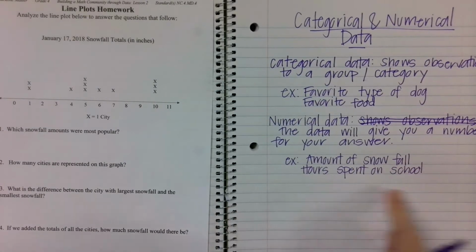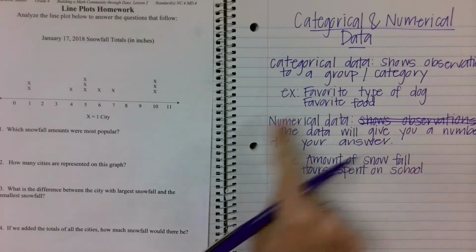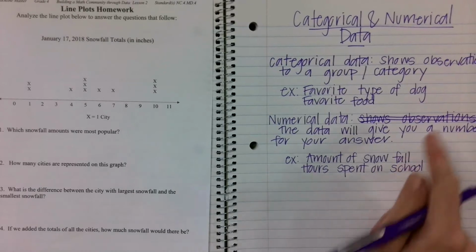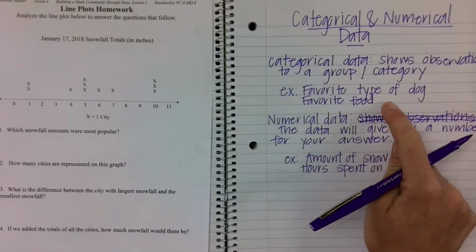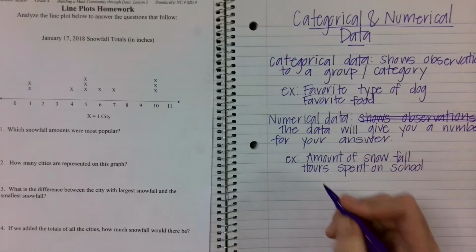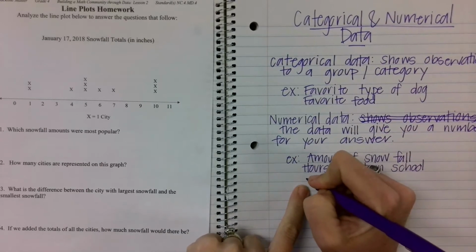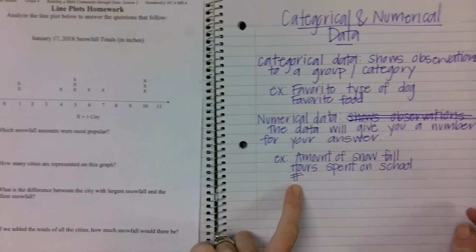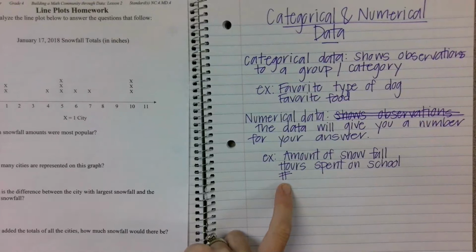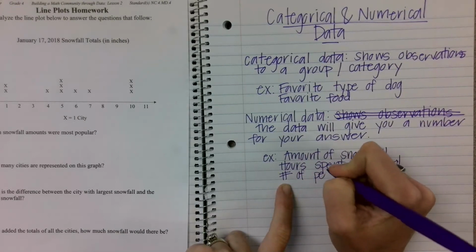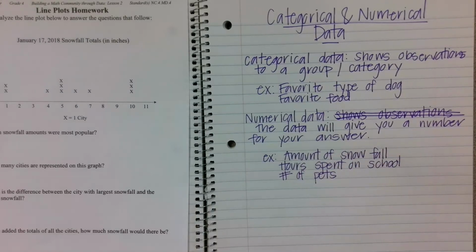So if I'm asking a question for numerical data, hours spent on school, my answer is going to be a number. Here, my answer is going to be a category, okay? It will not be a number normally. Number, it is a hashtag, but it's also the symbol for number. Number of pets, number of siblings.